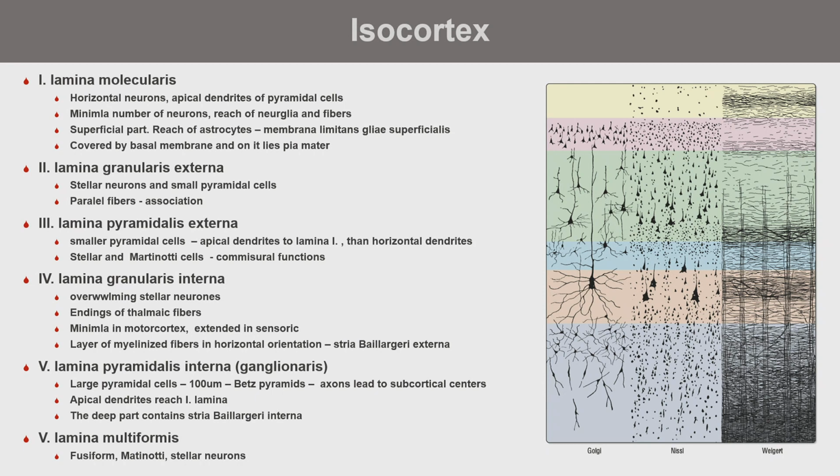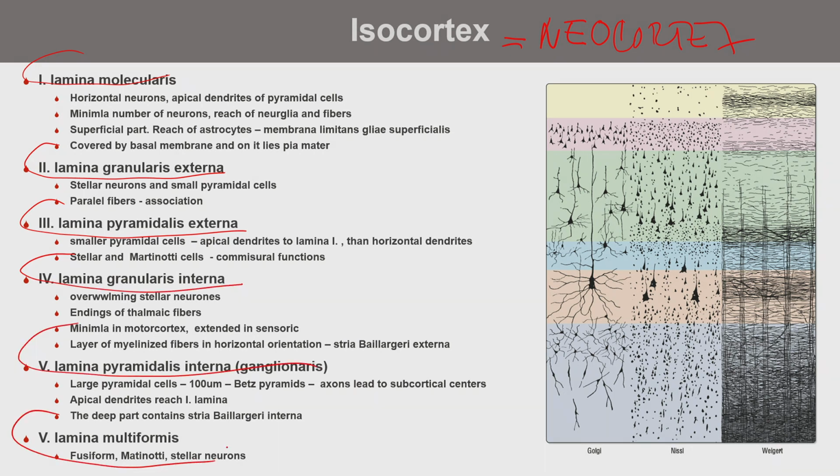A different structure is a neocortex. Neocortex, almost all neocortex has isocortical structure. Isocortical structure has 6 layers, and those 6 layers are typically different with the architecture of the cells.